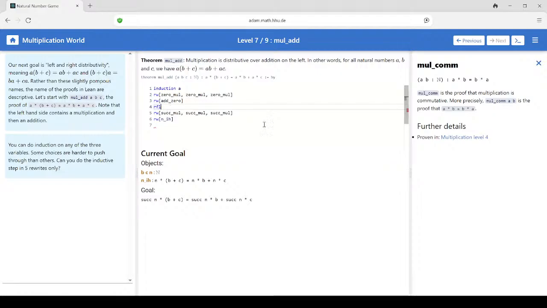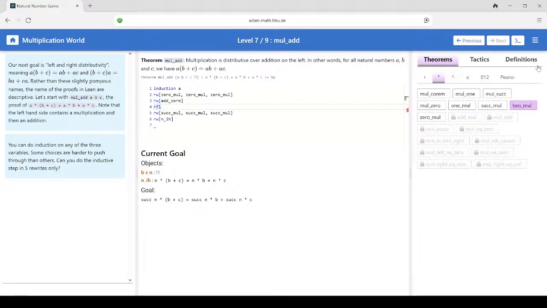From this point, at least. Wait, we do also have some additions in here. We could use b plus the successor of n. What do I have for that?